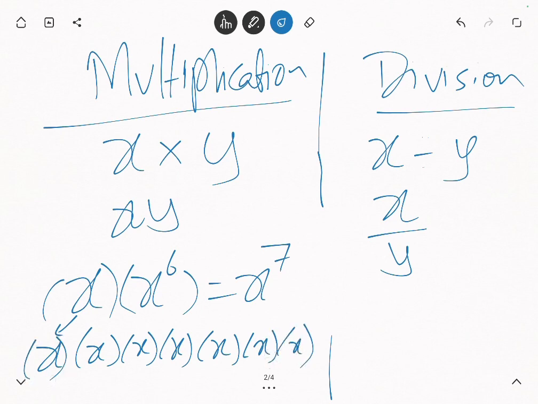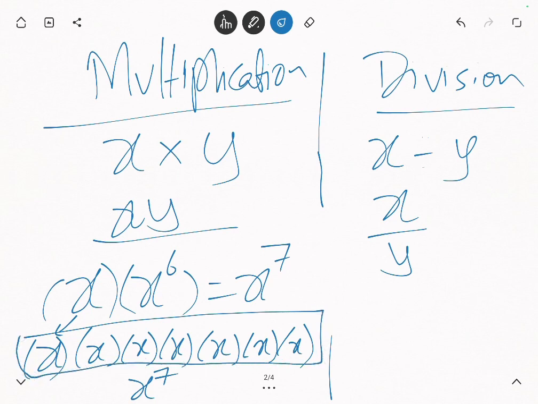Now combining with this x, totally how many x are there? 7. We all know that repeated multiplication is nothing but the exponential form. So simply I can write it as x power 7. If they are unlike, you have to leave it like this. If they have the same variable and different powers, you can simply do like this. Usually we won't go by this method, because this is the concept behind writing this.